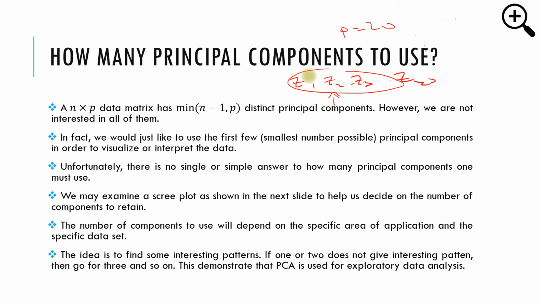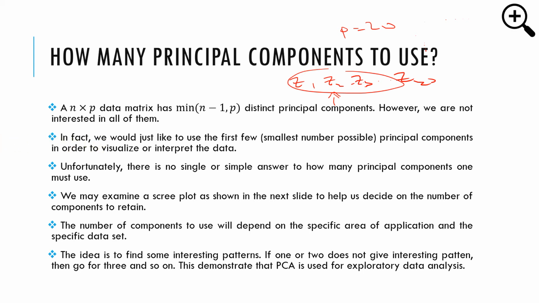If you decided to have two components and the two components explain the data properly in terms of what's going on, then it's okay. But if you feel that you need to go a little bit more than two to explain what's going on in the data, you can go for more than two. There's no real rule about that. But as I said, you can have a guideline.